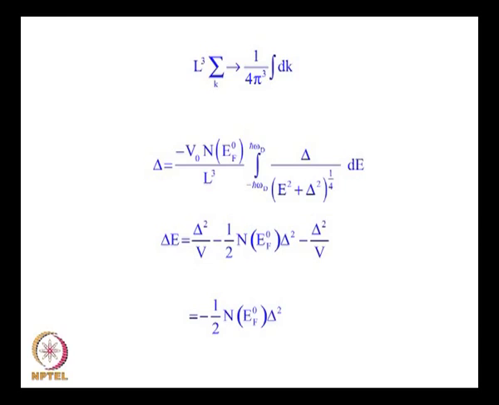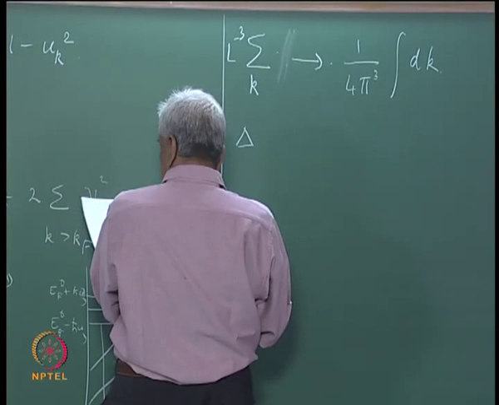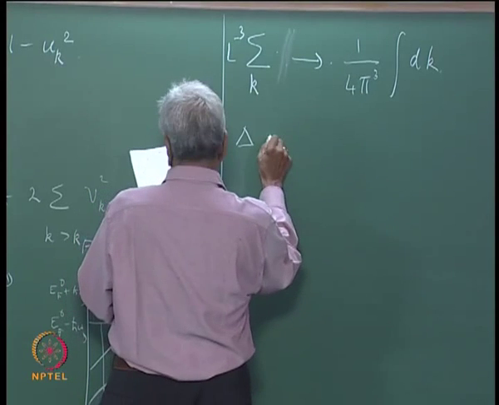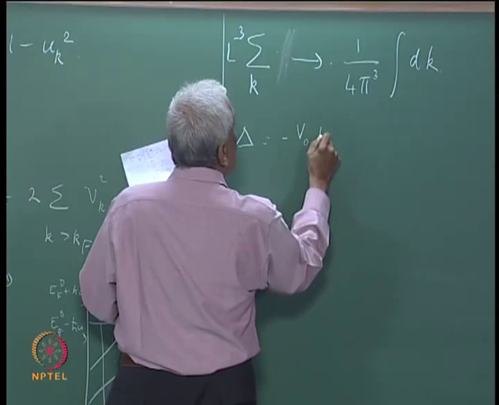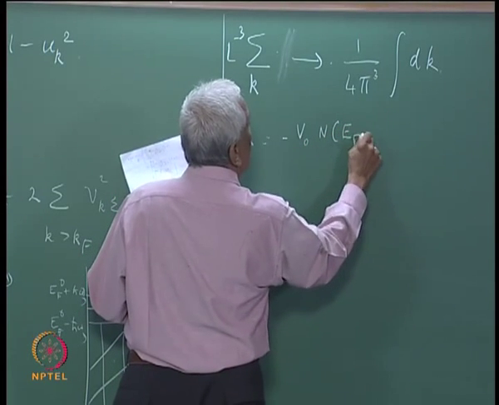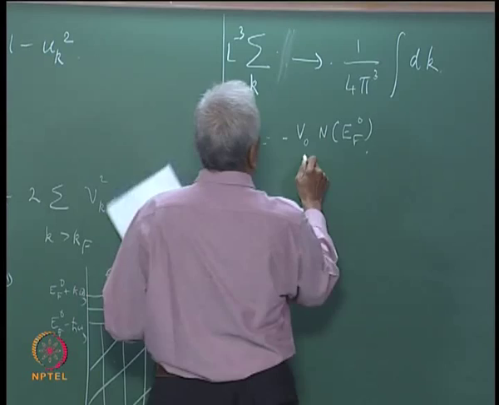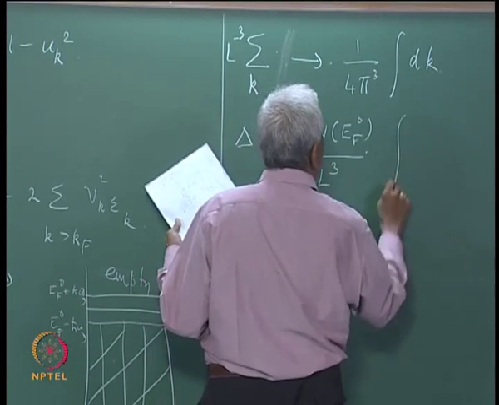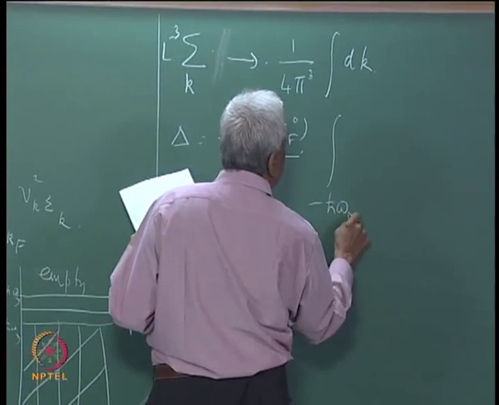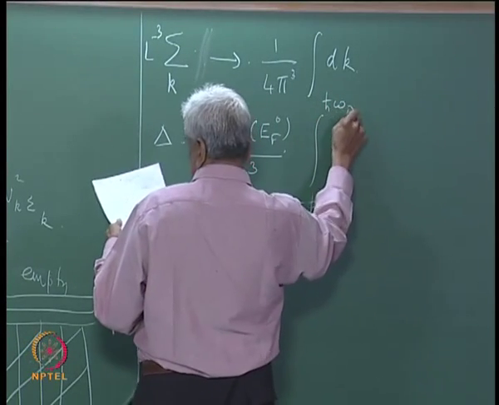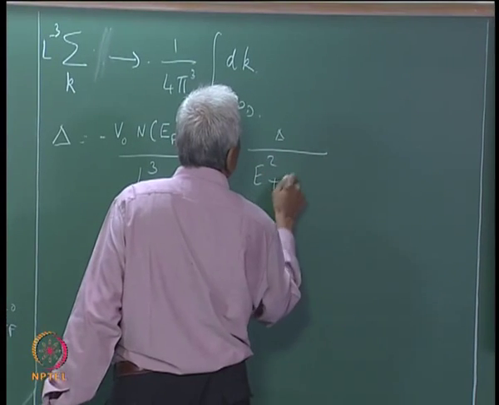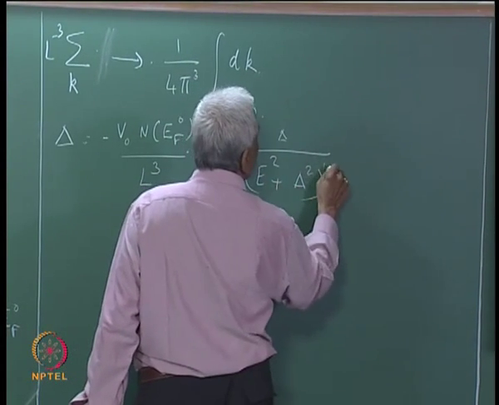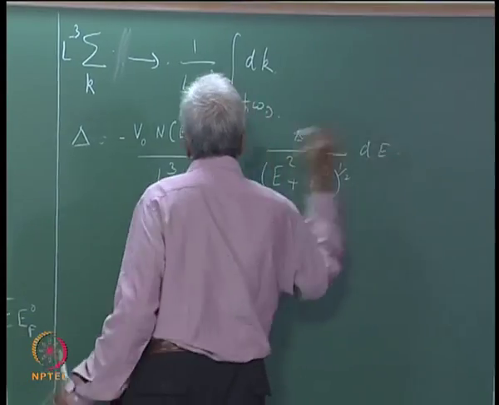Using all this, and also the energy gap expression, delta can be shown to be minus V_0 n(E_F0) by L cube times an integral.